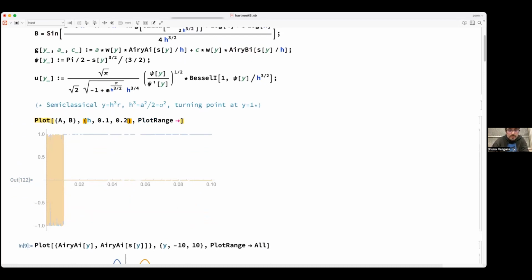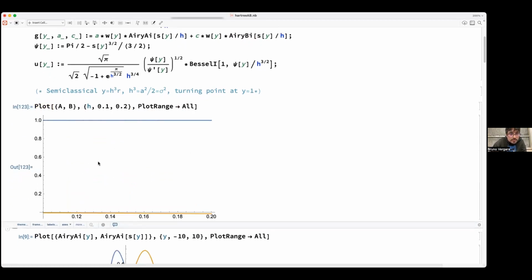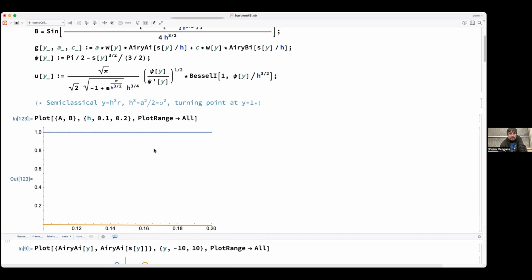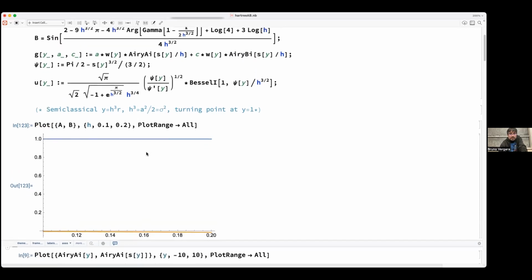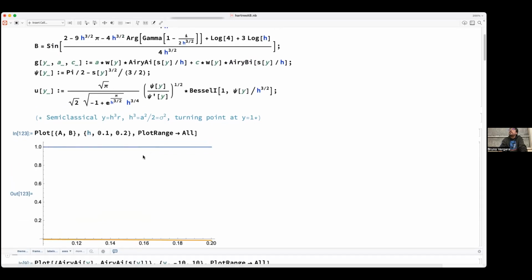Good, so we probably want to avoid zero. So A is -1 and B is almost zero. B comes from area B, Bi. That makes perfect sense, this picture: Ai dominates Bi. And if you use the fundamental system that Adam indicated in his talk, Ai plus iBi and Ai minus iBi, you will get some linear combination of those.